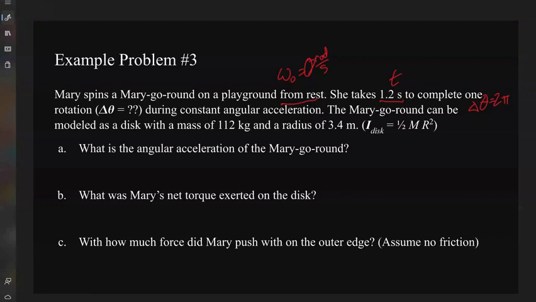Okay. The merry-go-round. Oh, get it? Because it's merry. Can be modeled as a disk with a mass of 112 kilograms and radius of 3.4 meters. And then the rotational inertia of a disk is given to you right there as the equation. What is the angular acceleration of the merry-go-round?